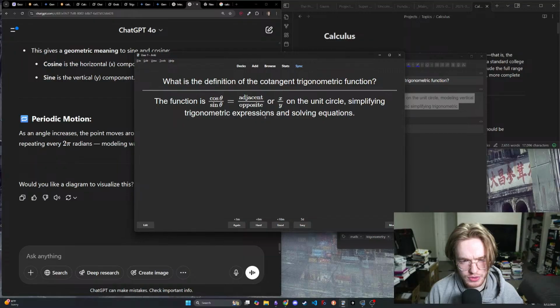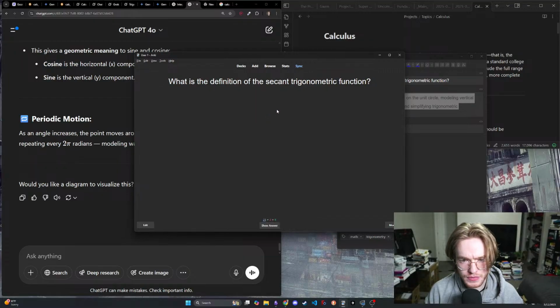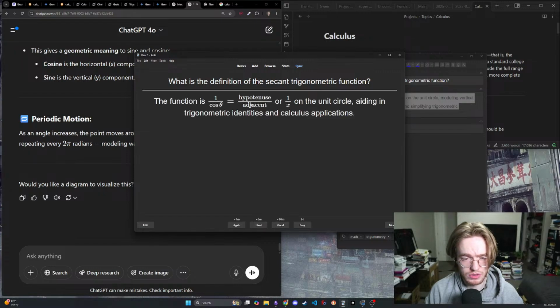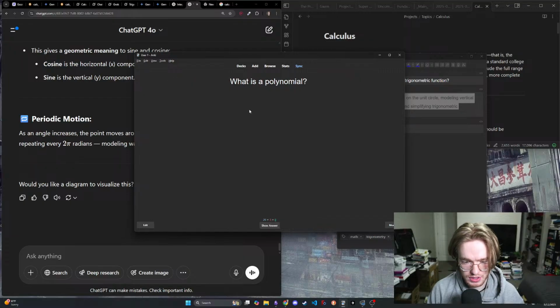Okay. Okay. Secant would be... Oh, heavens. This would be hypotenuse over opposite. Oh yeah, because secant is not sine. Secant is the inverse of the cosine. Okay?